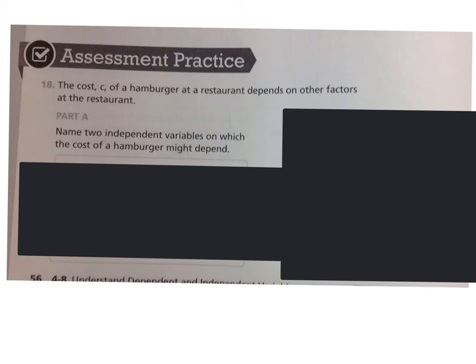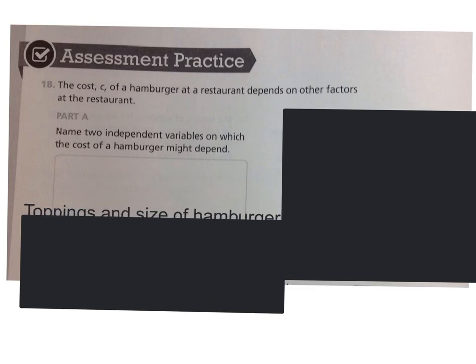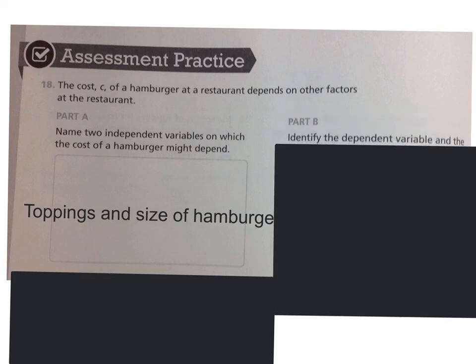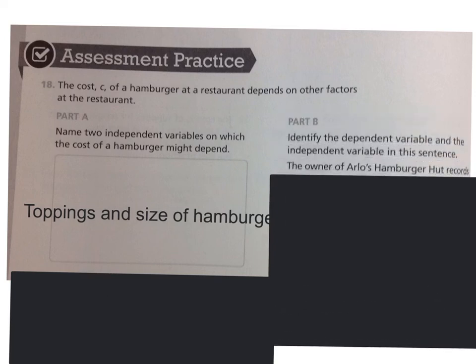Number 18, the cost of a hamburger at a restaurant depends on other factors at a restaurant. Name 2 independent variables on which the cost of a hamburger might depend. So some things include toppings and the size of the hamburger would be some independent variables. And part B, identify the dependent variable and the independent variable.